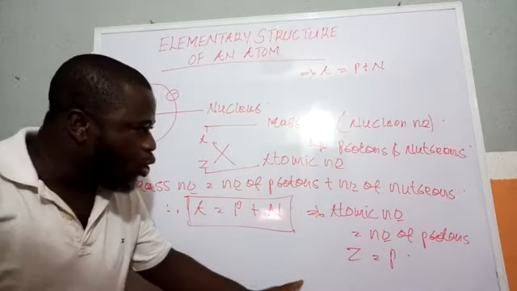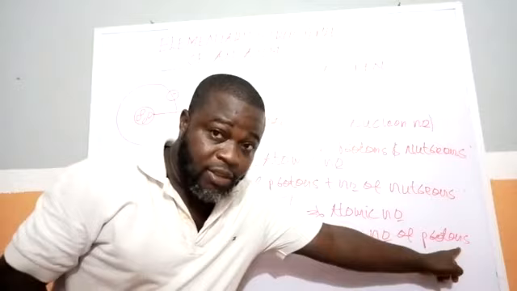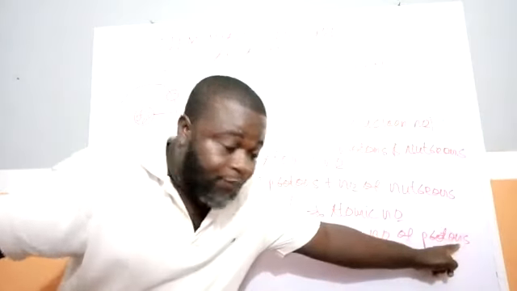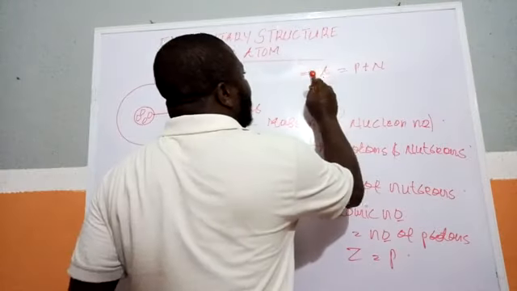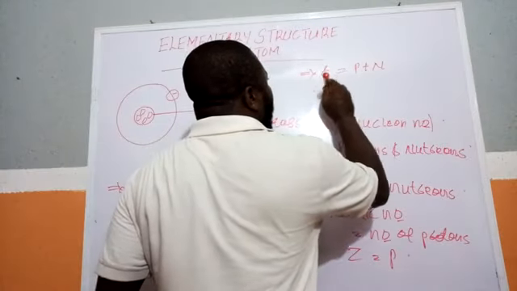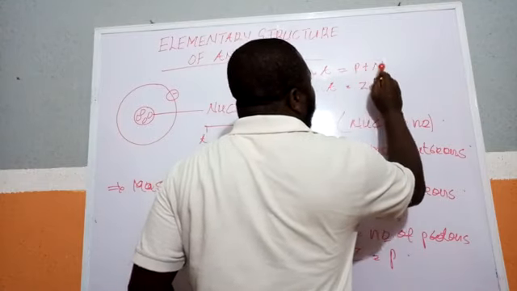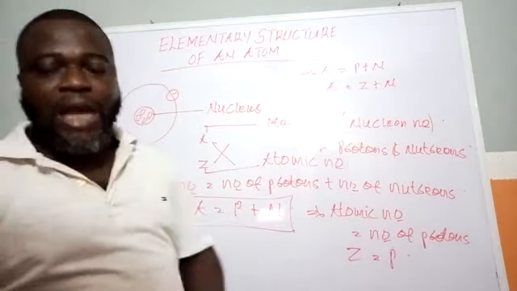But you know that the atomic number is the same thing as the number of protons, and the atomic number is denoted by Z. So at the end of the day, I can have mass number equal to atomic number plus the neutron. Do you get that now? So that will be the relationship between the two.